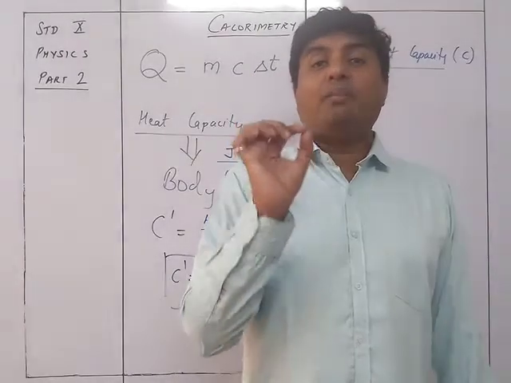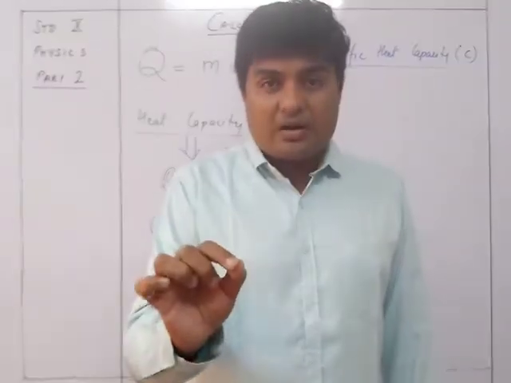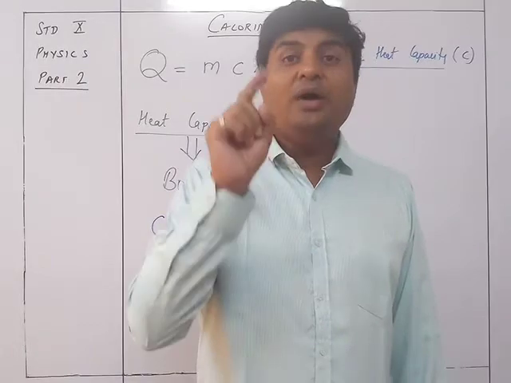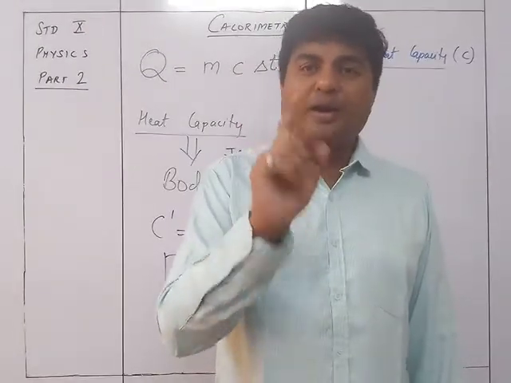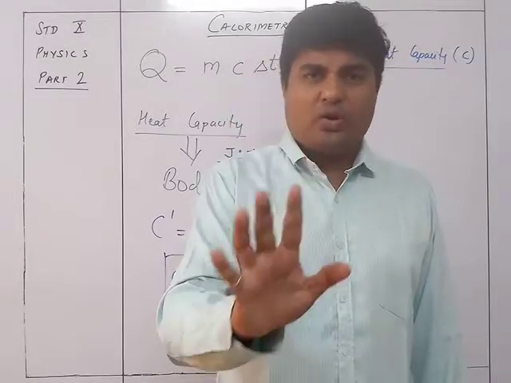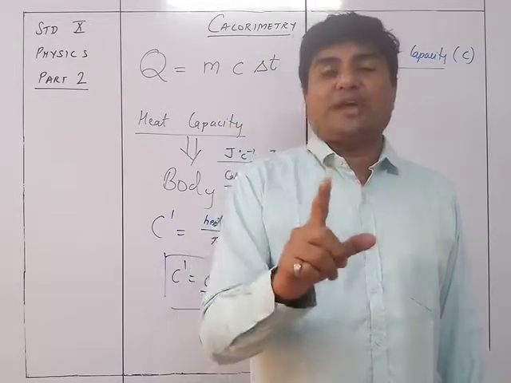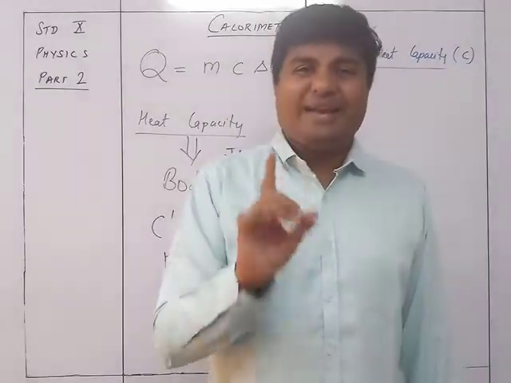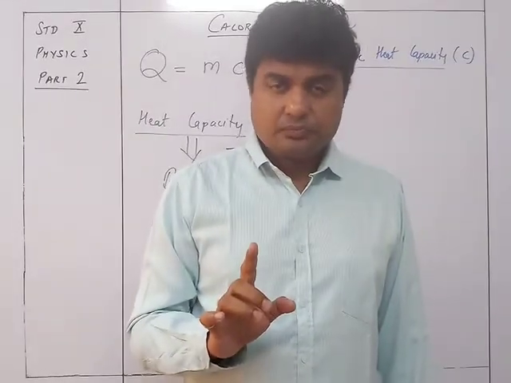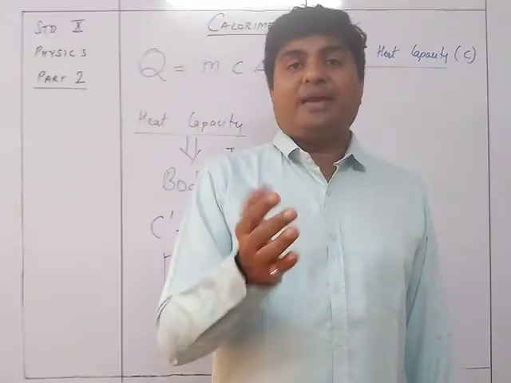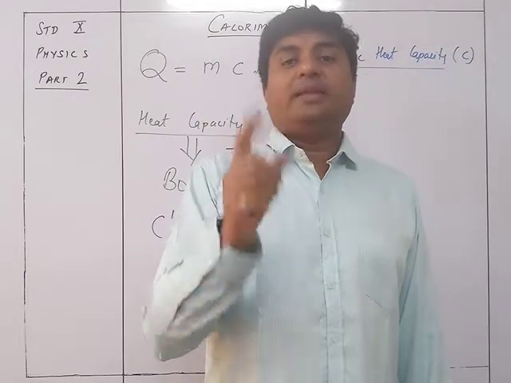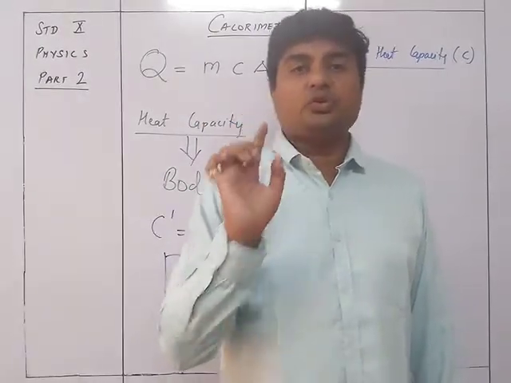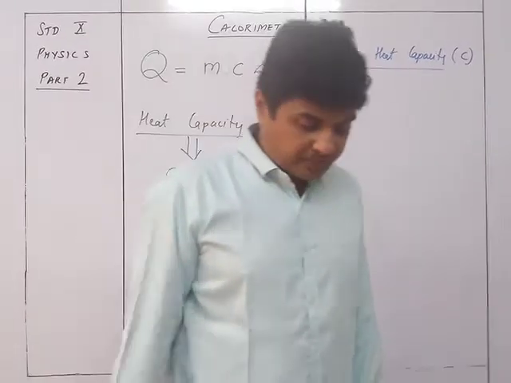It is the amount of heat energy required to raise the temperature of 1 gram or 1 unit mass, 1 gram, 1 kilogram, of a substance by 1 degree Celsius. So when you take a unit mass of a substance and increase its temperature by 1 degree Celsius, the amount of heat energy supplied is equal to the specific heat capacity of that substance.